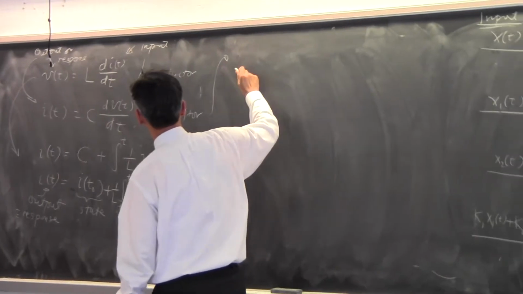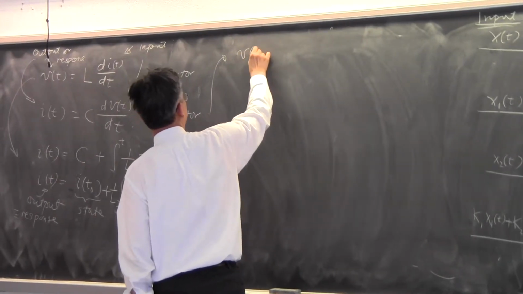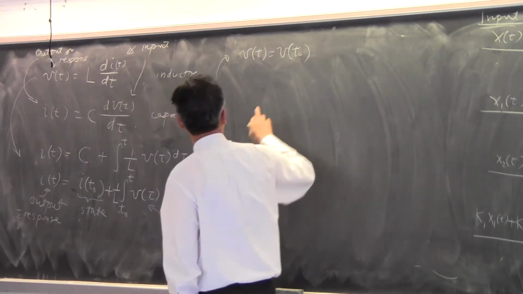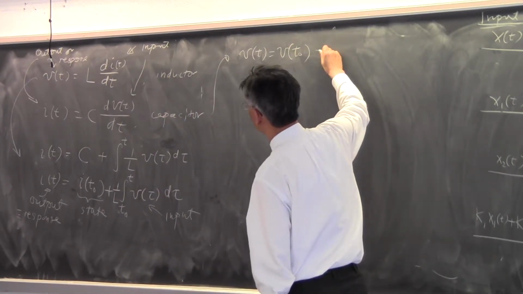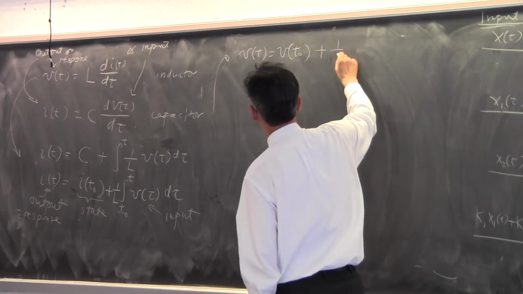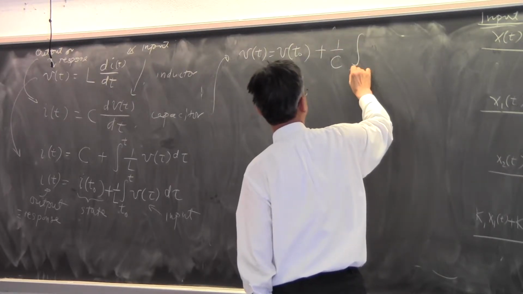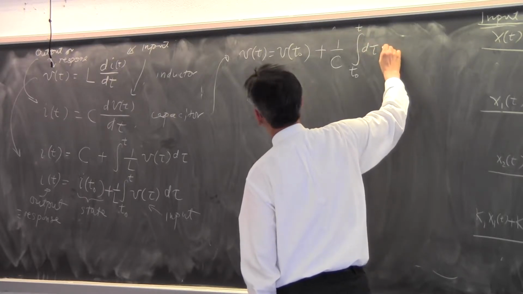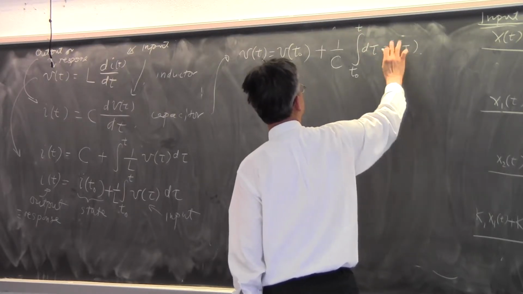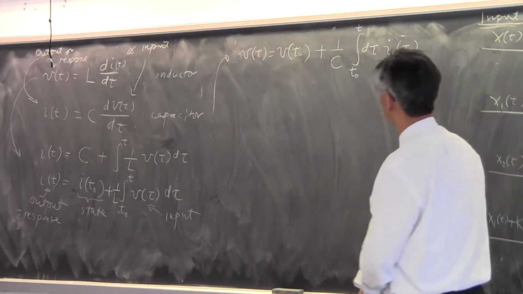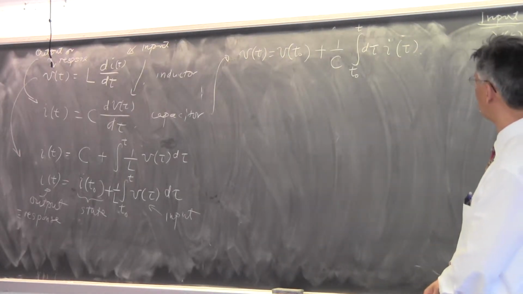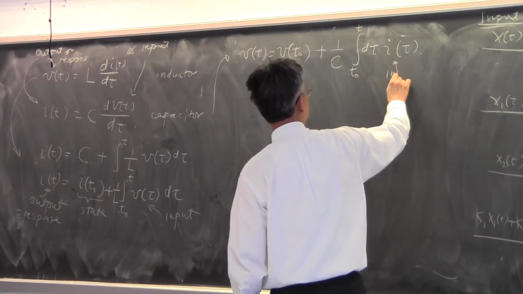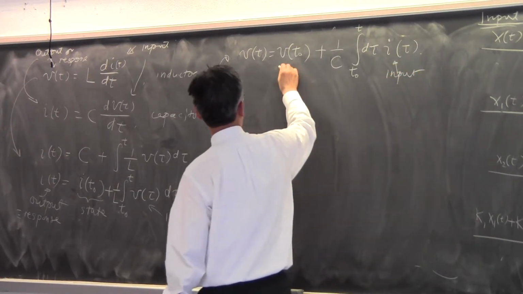And if I were to integrate this equation, I get V(t) is equal to V(t0), where V(t0) is the value of V at t0, plus 1 over C, the integration from t0 to t, d tau i(tau). Okay, I can also write the second equation in that manner. And this is my input now. This is my state.